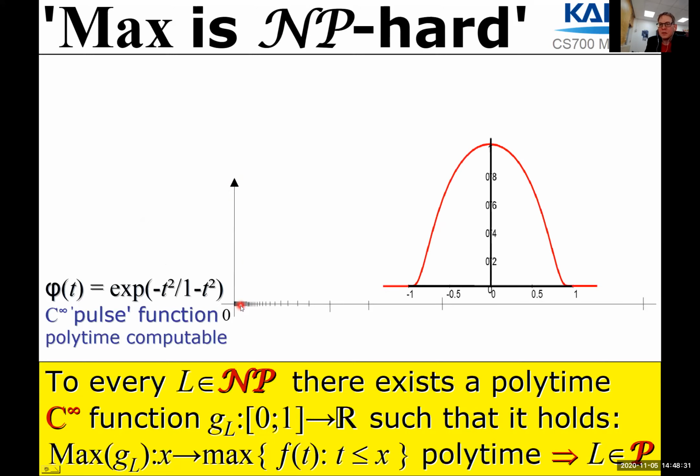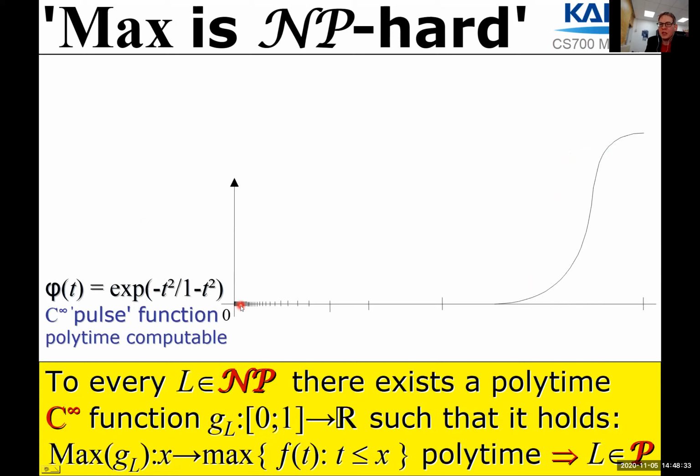We're going to place the first copy of this pulse here and further copies at the positions 1, 1/2, 1/3, 1/4, and so on. So the harmonic series. So the first corresponds to input 1, input 2, input 3, input 4, and so on.